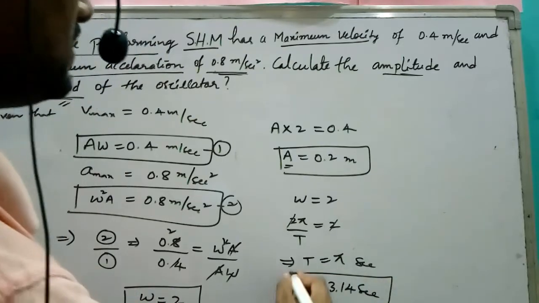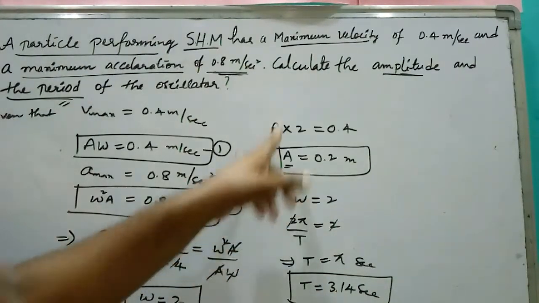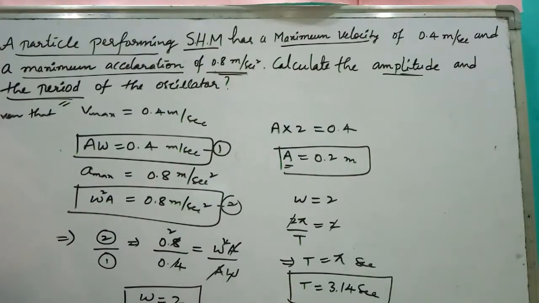So these are the answers: the amplitude is 0.2 meter and the time period is 3.14 seconds.